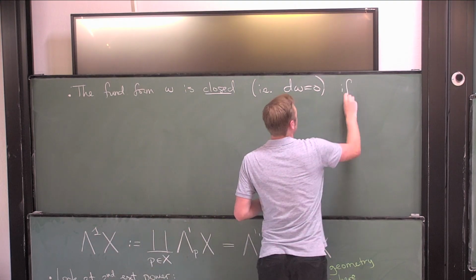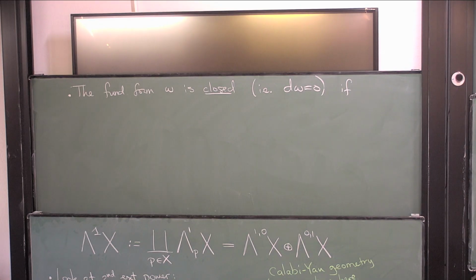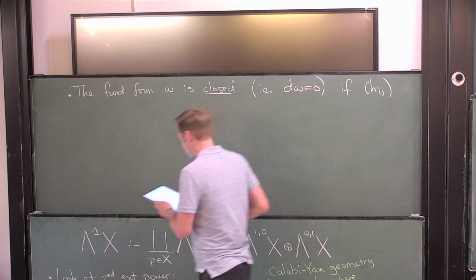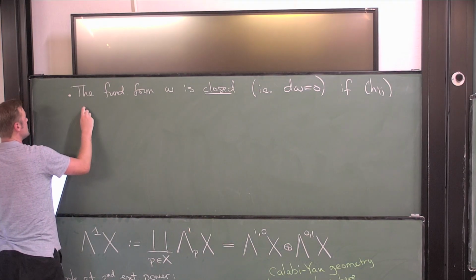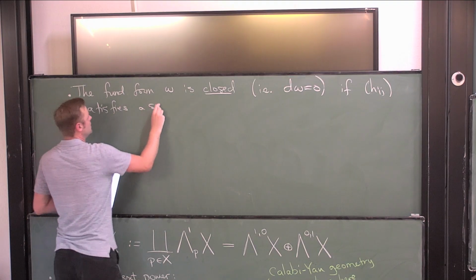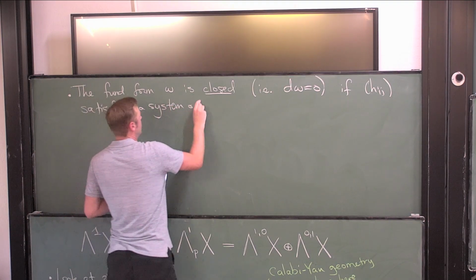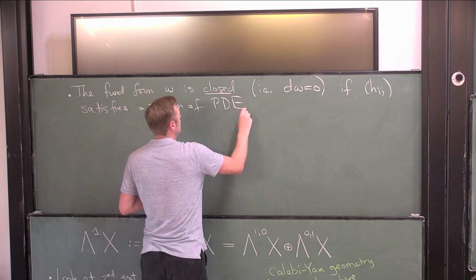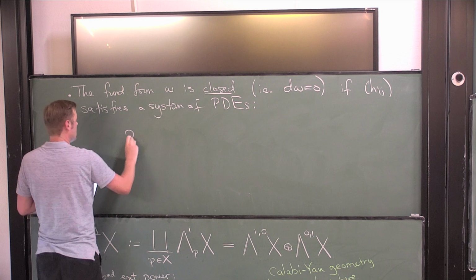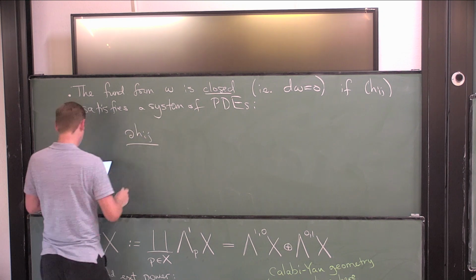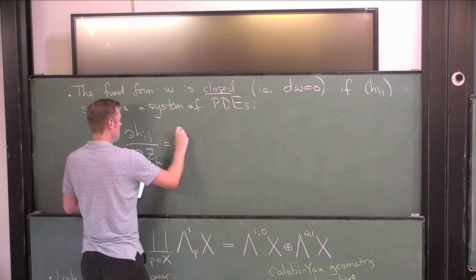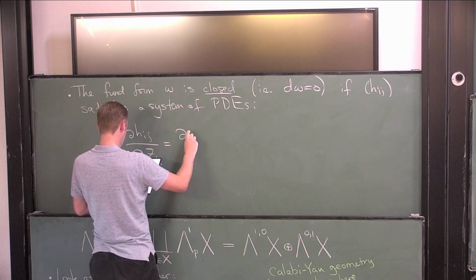If this coefficient matrix h_ij satisfies a system of PDEs, these PDEs are like this: the derivative with respect to z_k.